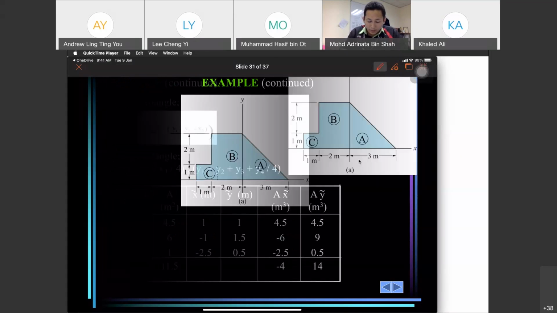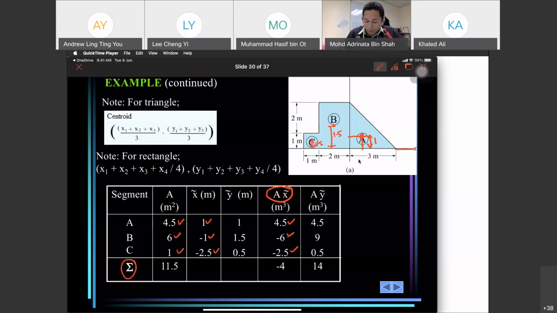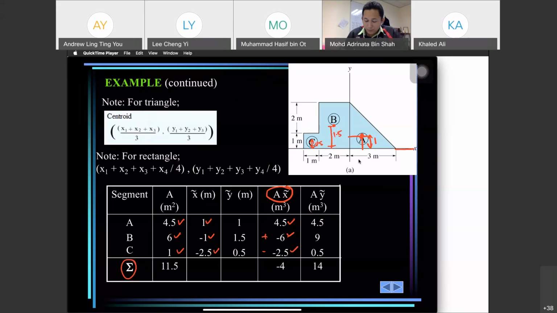So this is the summation: 4.5 plus negative 6 plus negative 2.5, we get negative 4. And then we need to find our A times y bar. 4.5 times 1 equals 4.5. 6 times 1.5 equals 9. And 1 times 0.5 equals 0.5. And the summation 4.5 plus 9 plus 0.5 is 14.